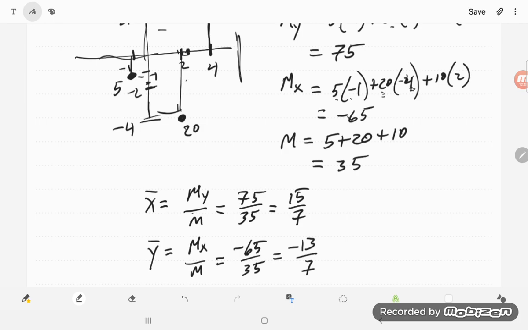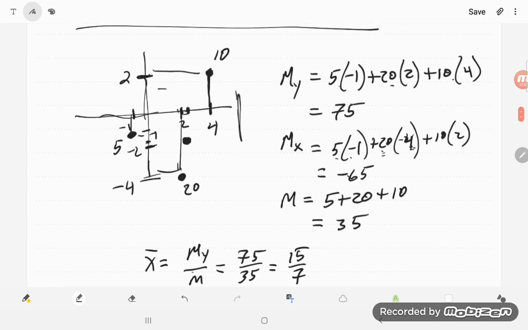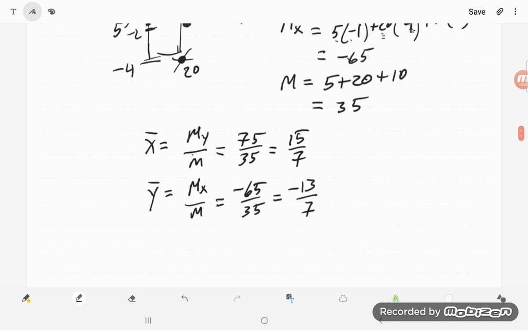So our center of mass is maybe about there. And as you look at that point and that point, that seems reasonable that you might balance somewhere in there. So our center of mass is x bar, y bar, which is 15 over 7 and -13 over 7.